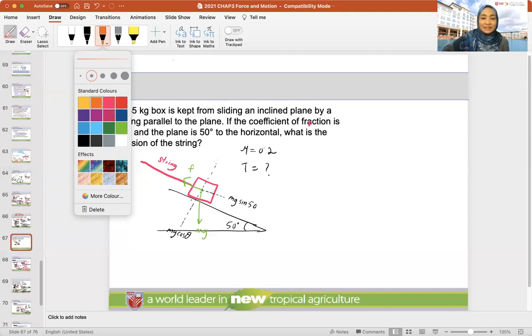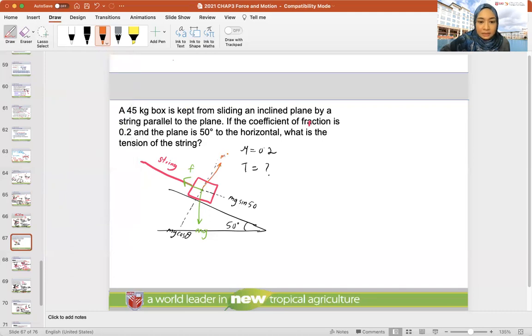Okay, betul lah tu. Because we are resolving, therefore our vector should be in between our resolved vectors, right? Kalau saya letak mg cosine theta ke atas, vector pula kat sini, so kita sandwich apa sebenarnya? Kita tak sandwich apa-apa. What is here? Nothing. So don't do that. Always sandwich your vector. Saya panggil sandwich, and always make sure your vector is in the middle.